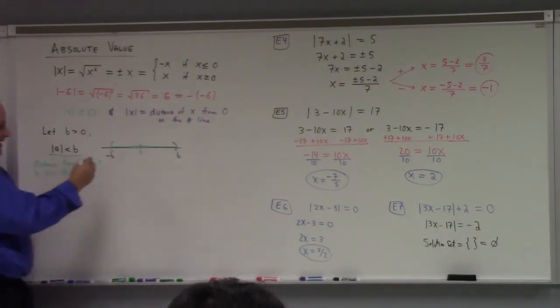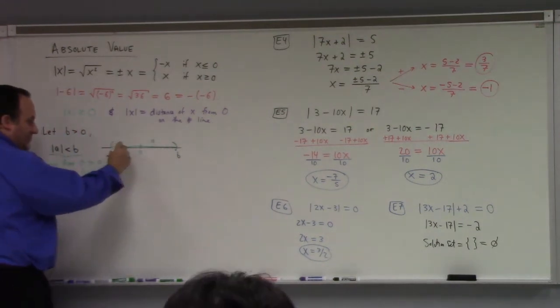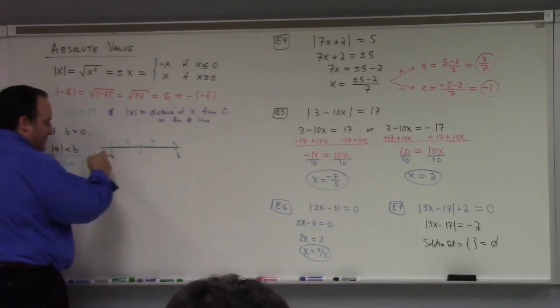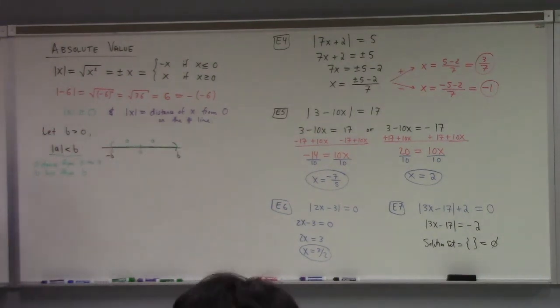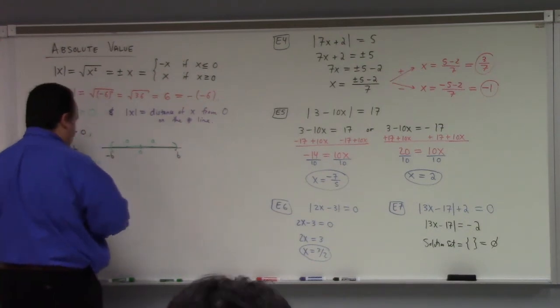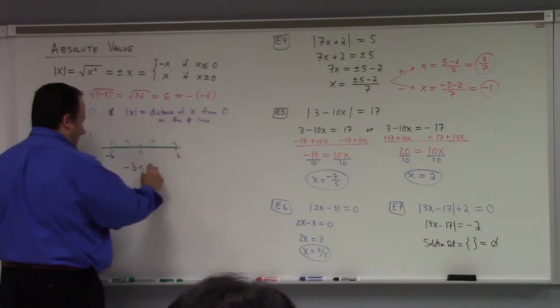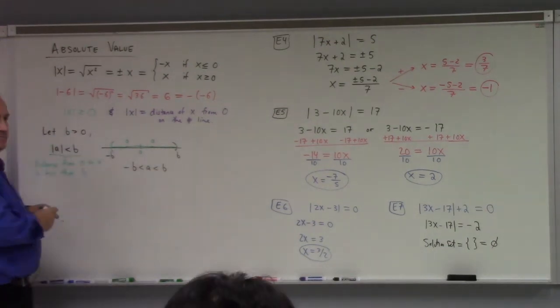Generically speaking, A is up in here somewhere, or it could be over here. But the point is A has got to be stuck between plus or minus B because of this distance statement. Is that reasonable? So in other words, minus B is less than A is less than B in this case.